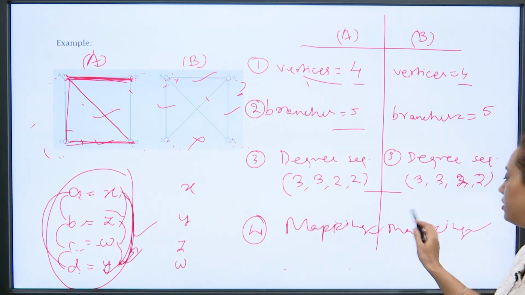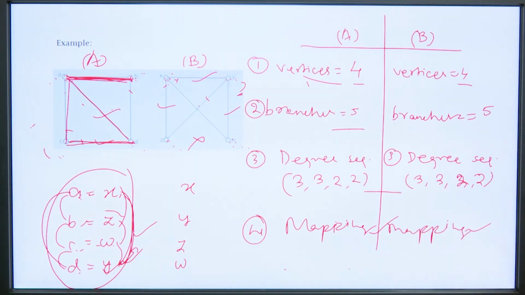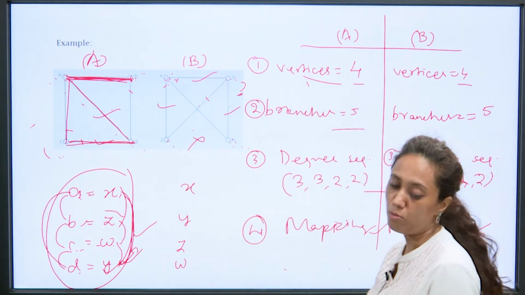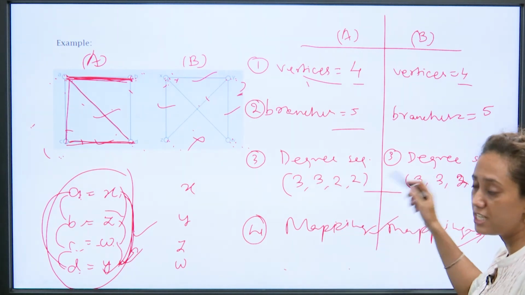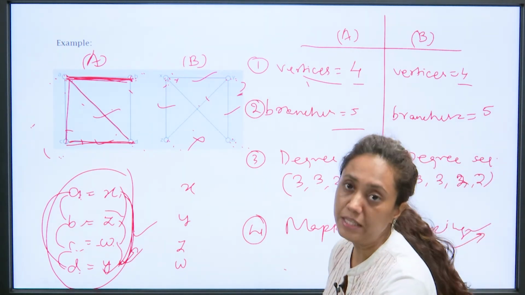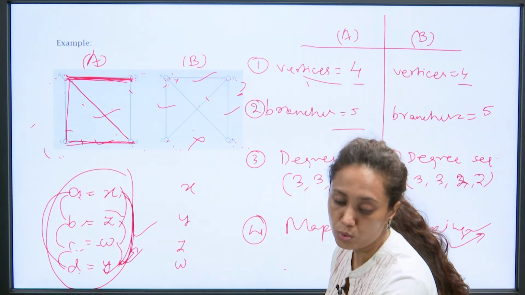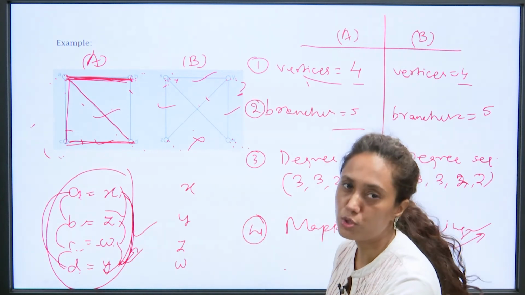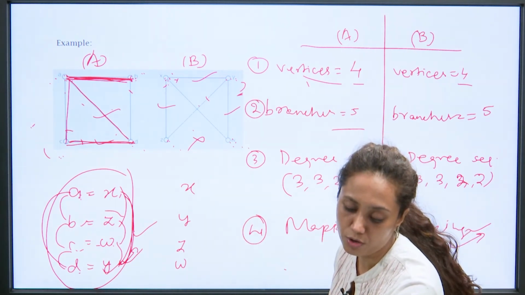Mapping is also done. So, all the 4 criteria, all the 4 conditions, are completed. So, we can say yes, the A graph and the B graph both are isomorphic. By having this concept only, we can identify the isomorphism property or comparison between 2 graphs. Even if it is a very complicated graph, we can say whether it is isomorphic or not.